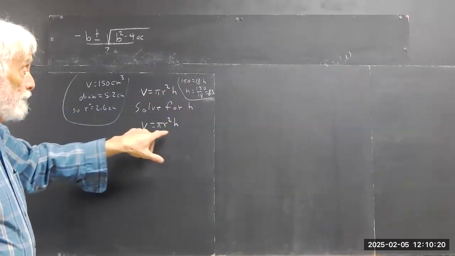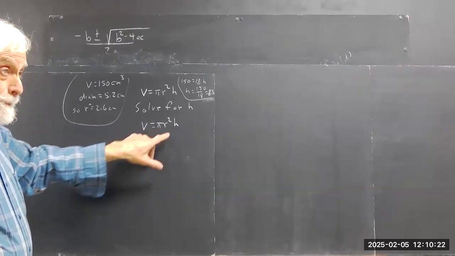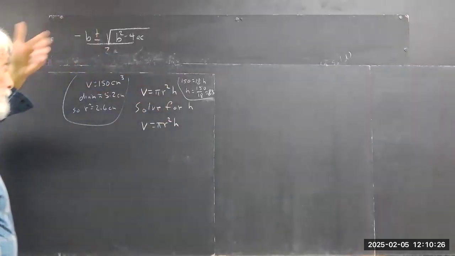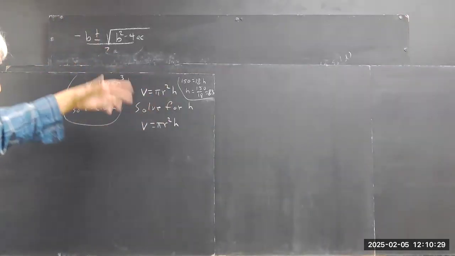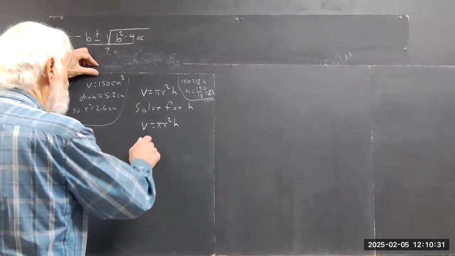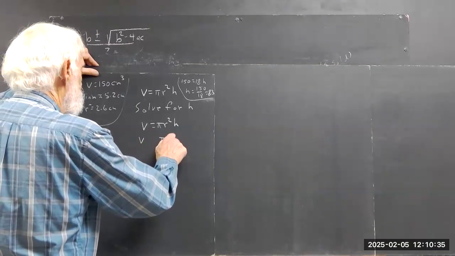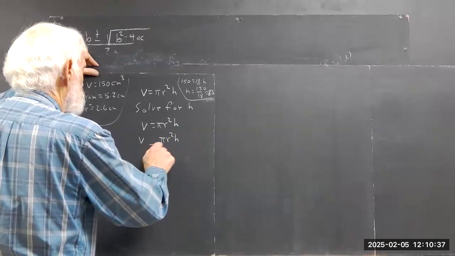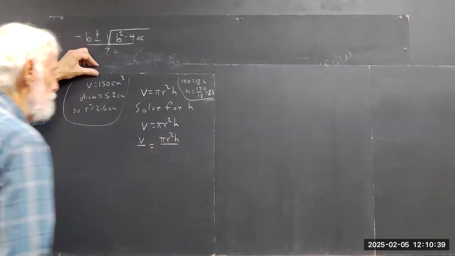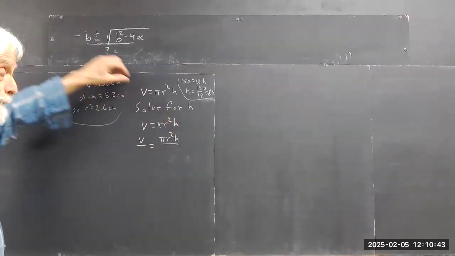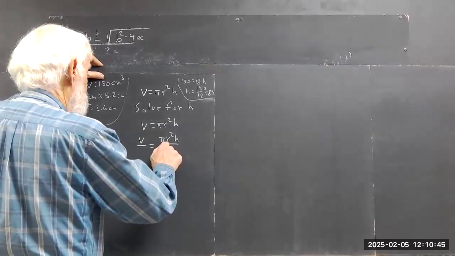It's not 18, it's pi r squared, right? And of course, we got that 18 by computing pi r squared. It's not totally accurate, but let's see how close it was. Okay, so we got our V equals pi r squared H. What can I divide both sides by to leave H here? Divide both sides by pi r squared.